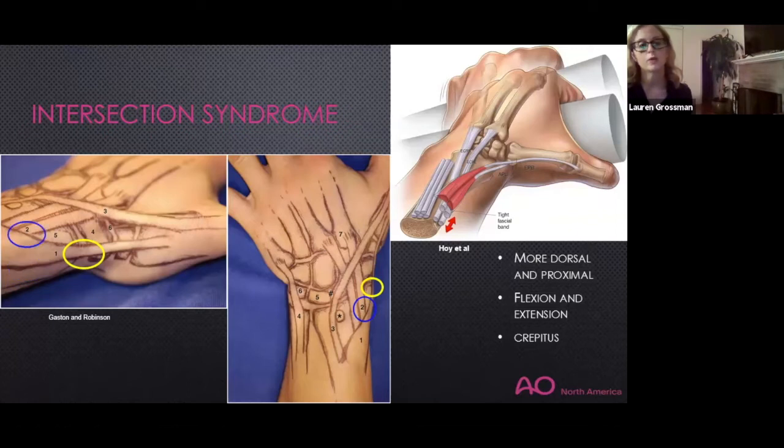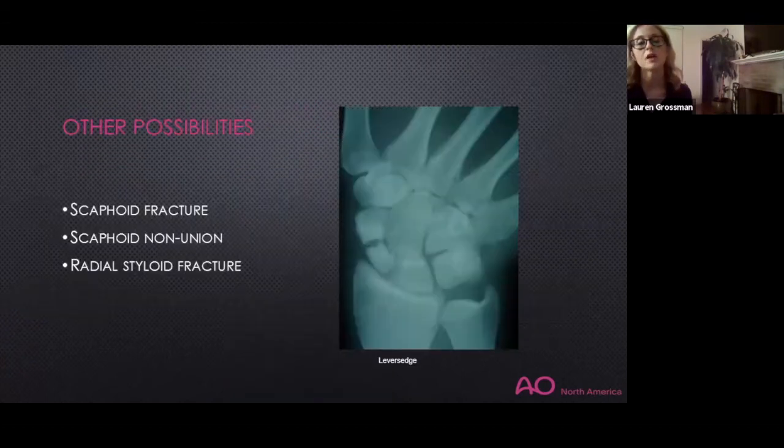But the blue is where you might find intersection syndrome. So while they are close together, they are two separate entities. Other possibilities of radial-sided wrist pain are scaphoid fracture, as we already went over, radial styloid fracture, STT arthritis, and so forth, Bennett's fracture.